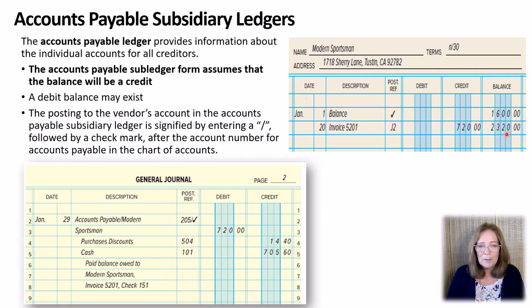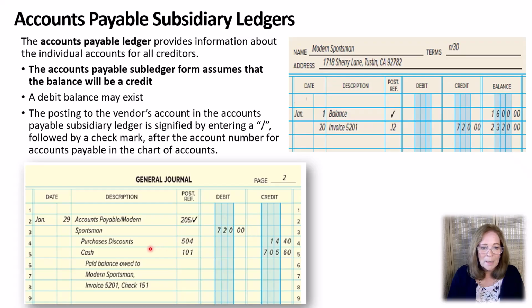To illustrate posting from a general journal, let's look at how the payment on account to Modern Sportsman would look in the general journal after it's posted. We enter the date in the date column, the account name, Accounts Payable, and Modern Sportsman in the description, which tells us that the subledger account is for Modern Sportsman, the account number for accounts payable, 205, and a check mark to indicate that the transaction was posted to the subledger as well, as well as the debit of $720.